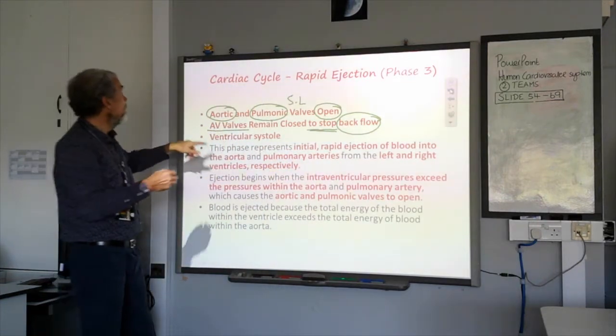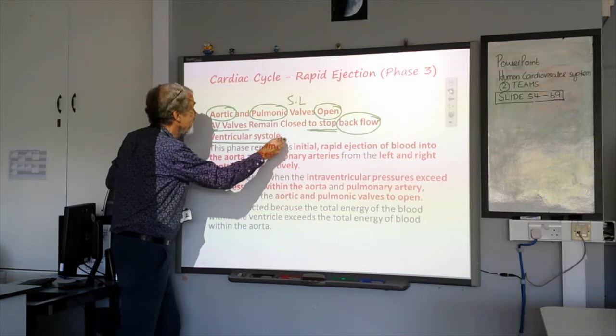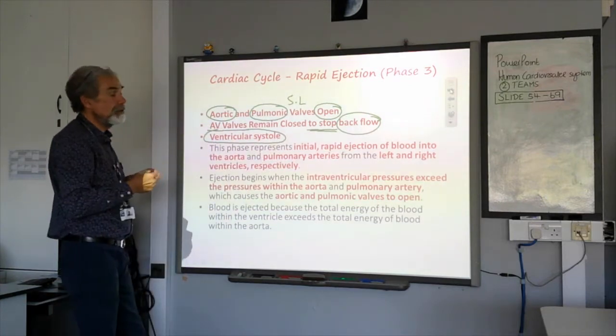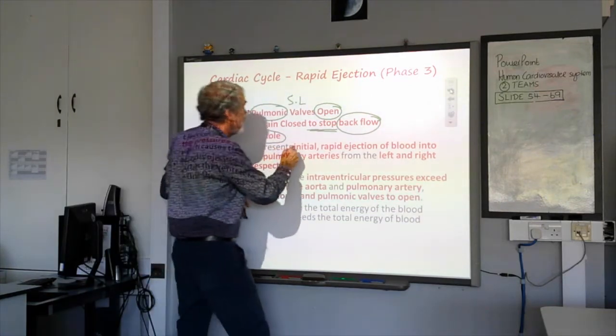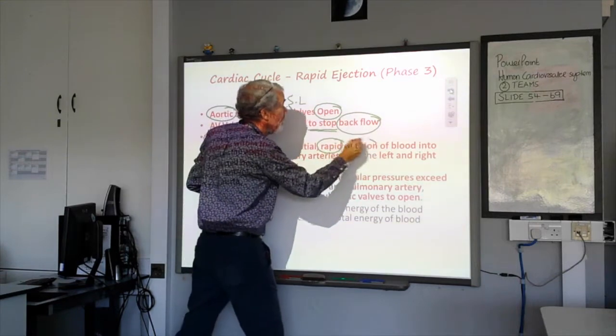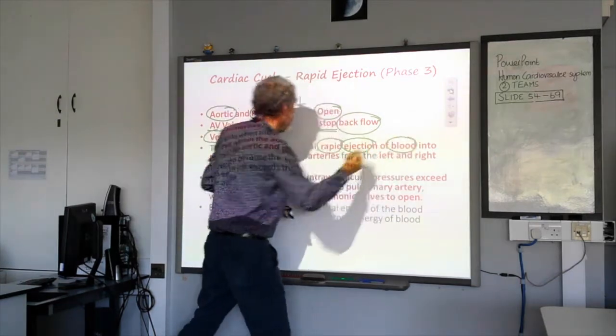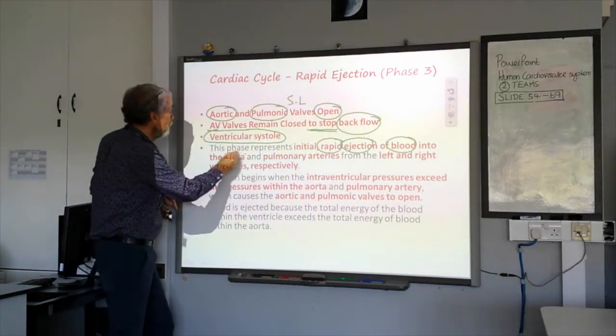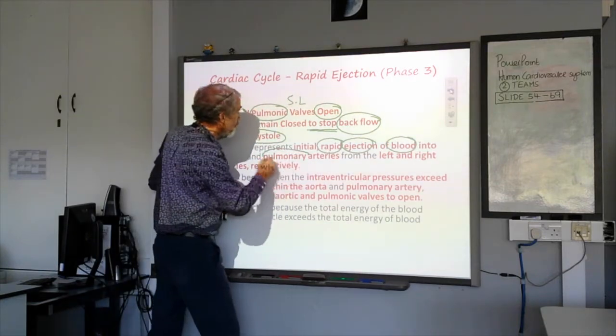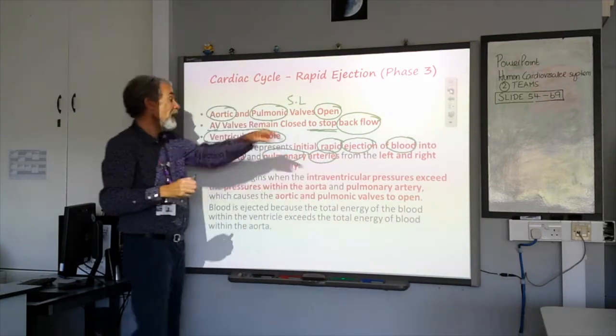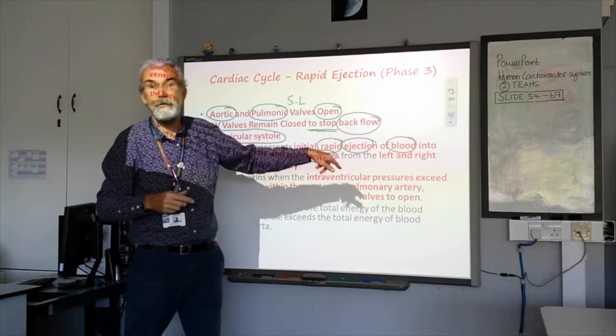This is basically the ventricles continuing now to squeeze. This is when you see that massive, rapid ejection of blood into the aorta and into the pulmonary arteries from the left and right ventricle, respectively.